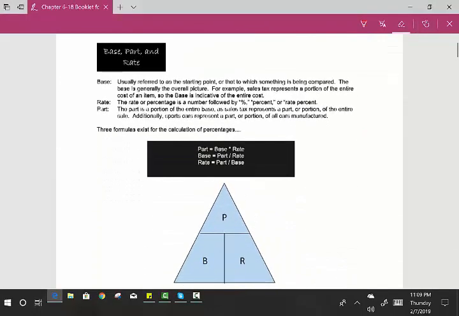Now we're going to look at base, part, and rate. This is really one of the great things about this particular chapter. It's the foundation of everything that we do from this point on throughout the entire semester in almost every single chapter. So you really need to have a good understanding of this particular chapter. You're only going to solve for one of the different types of values, whether it be part, base, or rate.